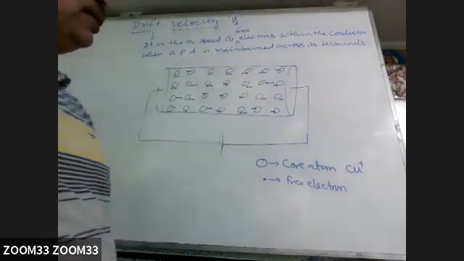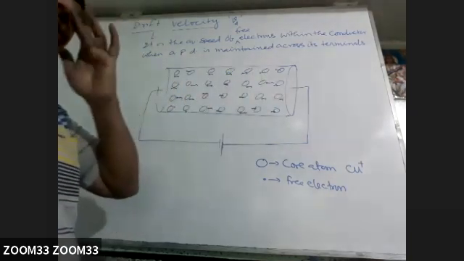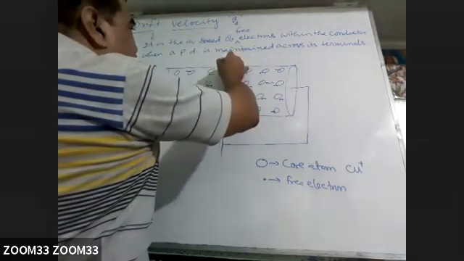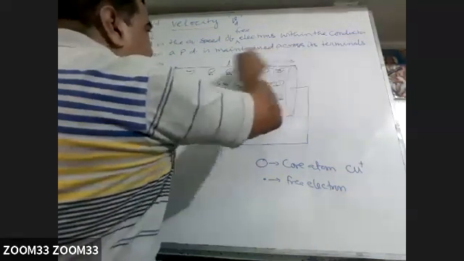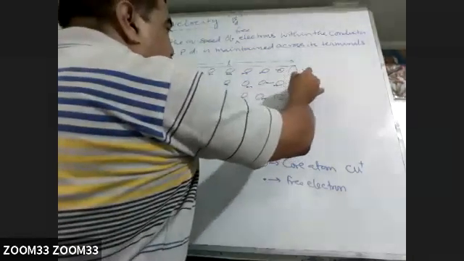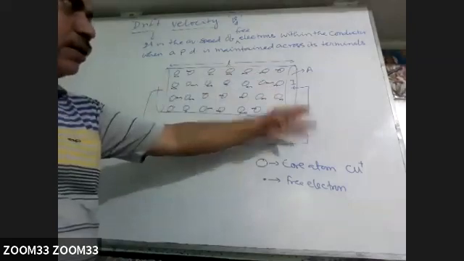Now suppose this conductor has got n electrons, and the length of this conductor is L. Area of cross section is A. Current passing through this is I. This may be the same wire, whatever wire is here, the same we are considering.